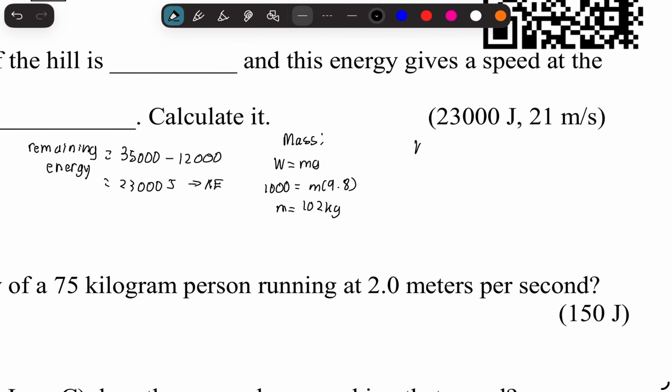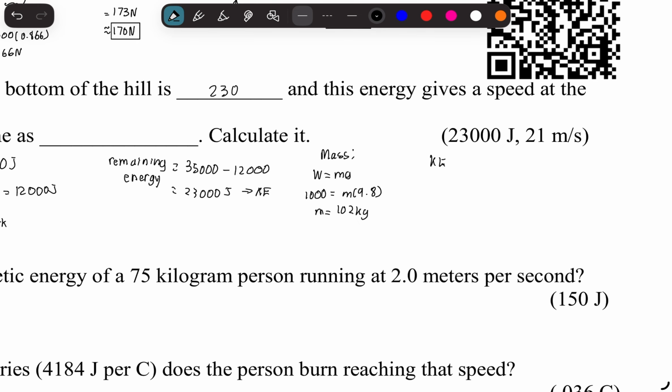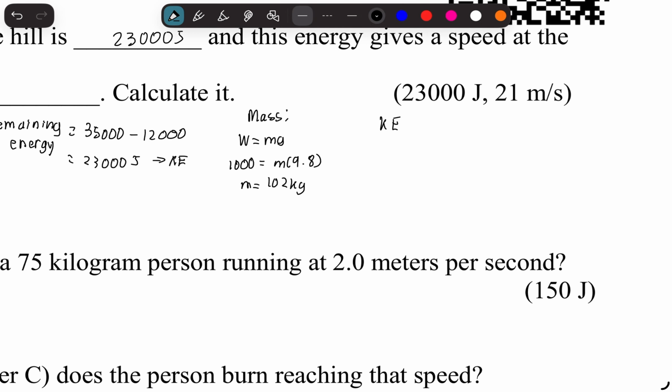Now we can use kinetic energy. So for our first blank, we had 23,000 joules at the bottom of the hill. And for kinetic energy, 23,000 was the total amount of energy, and we know it equals 1/2 times our mass, which we just found was 102 kilograms, times v squared.